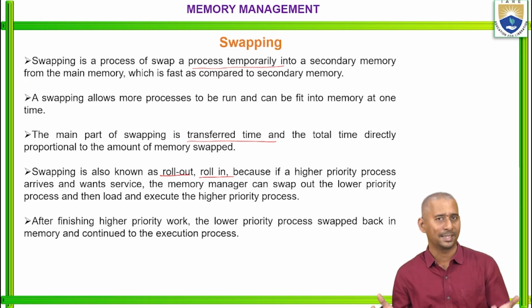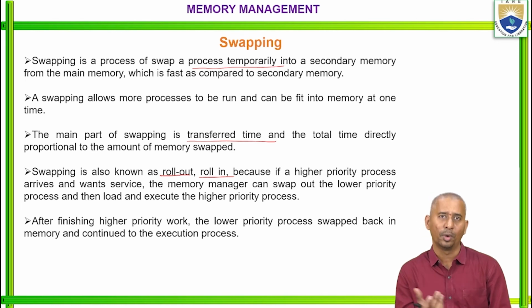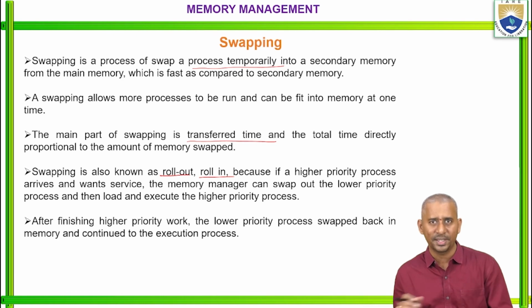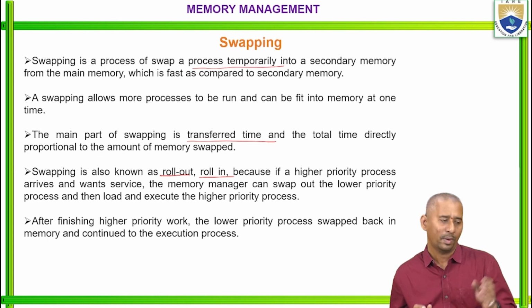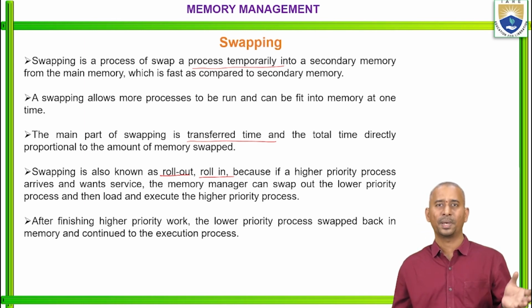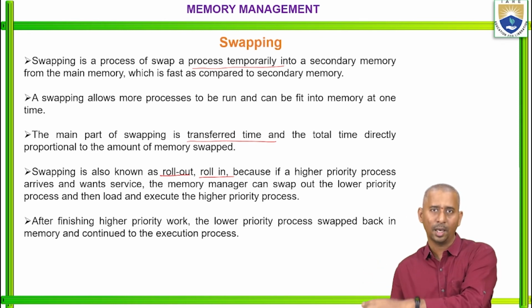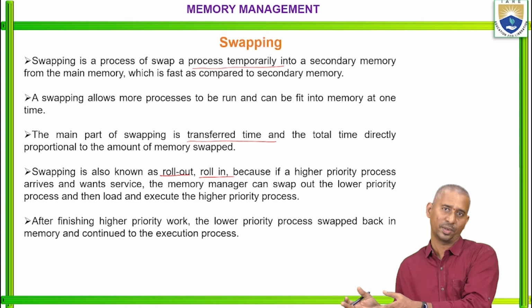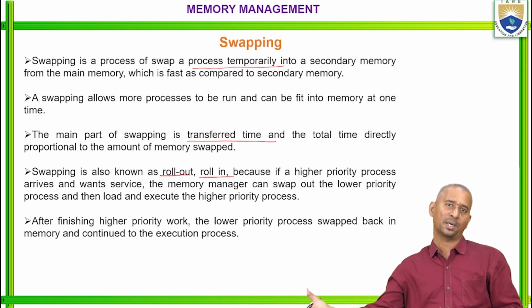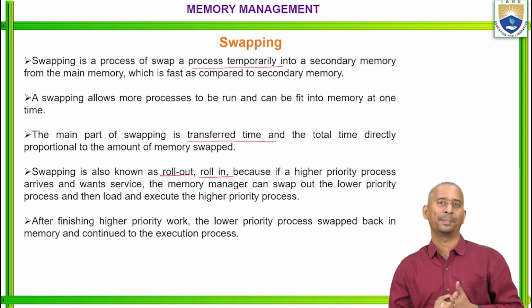If fewer applications are running on my processor, then there is no need to swap anything. But whenever I need to execute more applications and some more processes are ready to execute but there is no space in the primary memory, then depending on priority, the lower priority process is swapped out from the primary memory to the secondary memory temporarily, and the process waiting in secondary storage is swapped into the primary memory for execution.